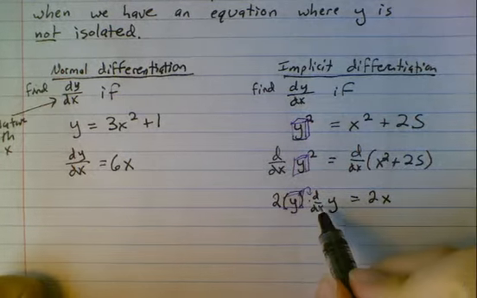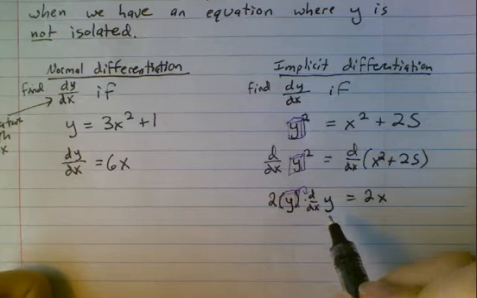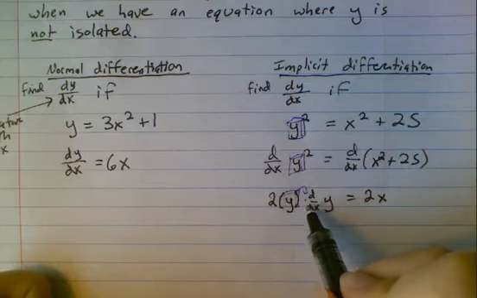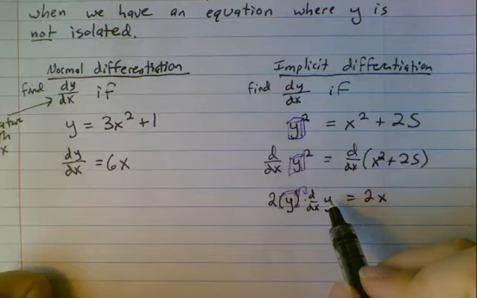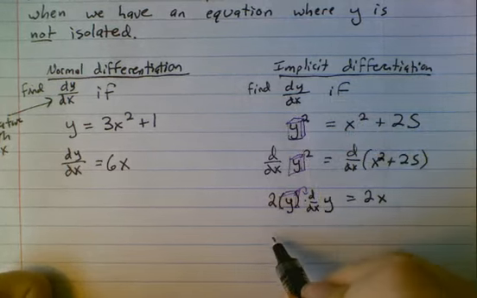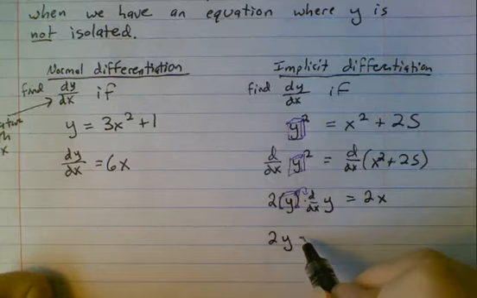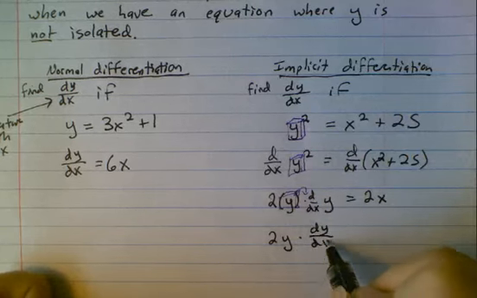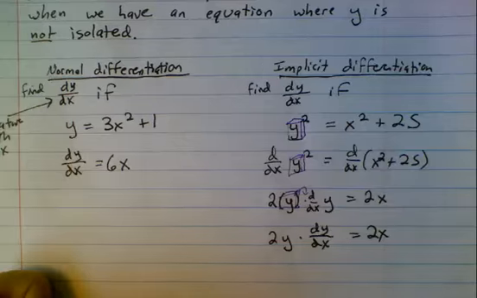One of the things to really be aware of here is that the derivative with respect to x of y has its own special name. It's just dy dx. So what we have here is 2y times dy dx, and that equals 2x.